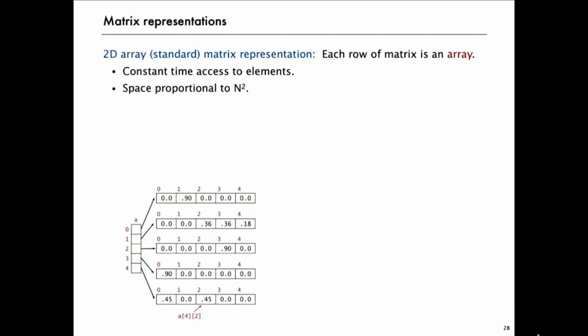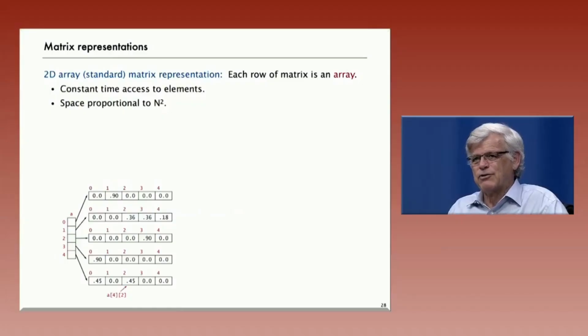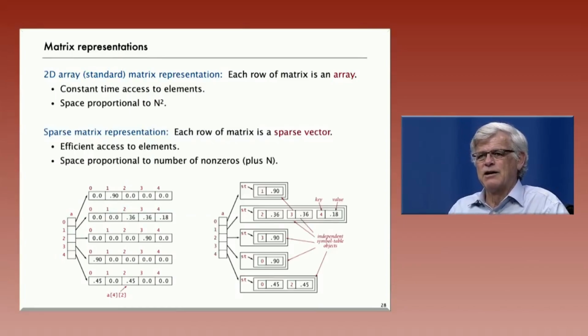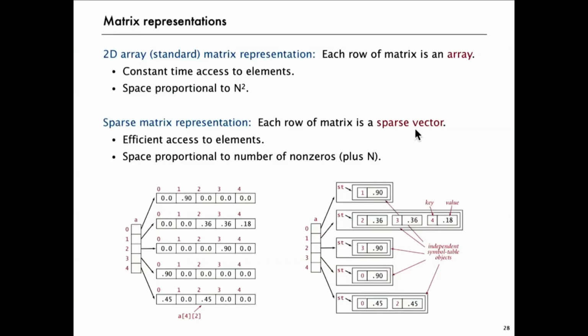So instead of using the standard matrix representation where every row of a matrix is an array, that's what a two-dimensional array is, and the space is proportional to n squared, now we're going to use a sparse matrix representation where each row of the matrix is a sparse vector.